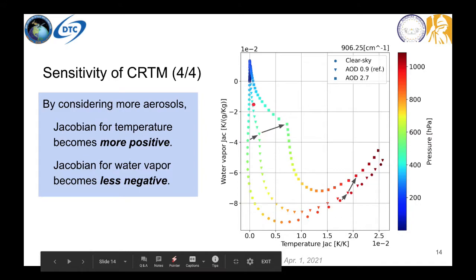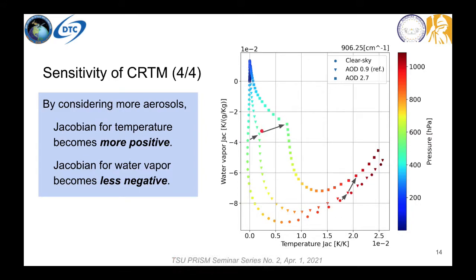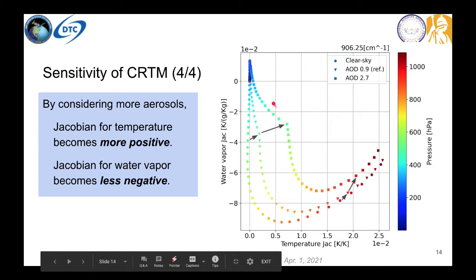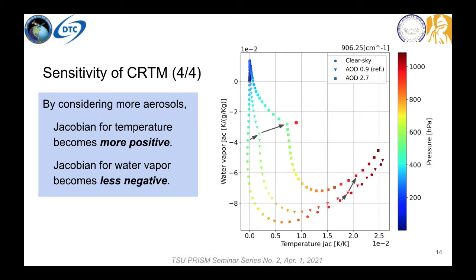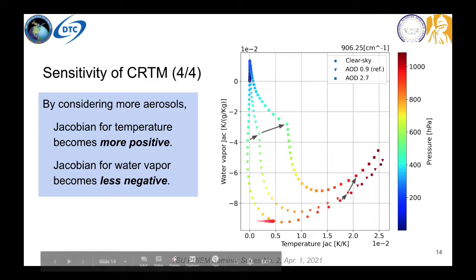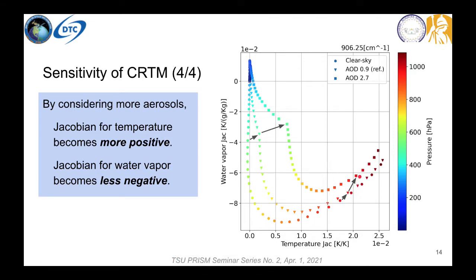As you can see, when we consider more aerosols, which is the green line, the largest loading I provided inside the CRTM simulation, we will have a stronger cooling effect, which is up to 20 to 25 degrees over the window channels.